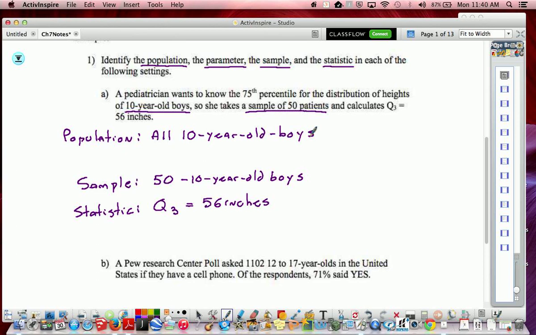The parameter is what we're trying to measure here, which we collected a statistic on, the third quartile. So we'd say the third quartile for heights of 10-year-old boys.